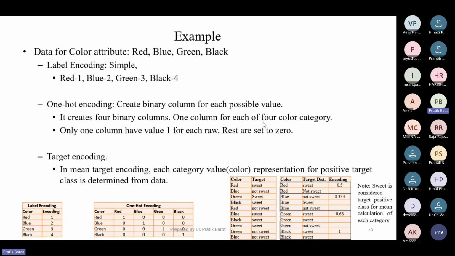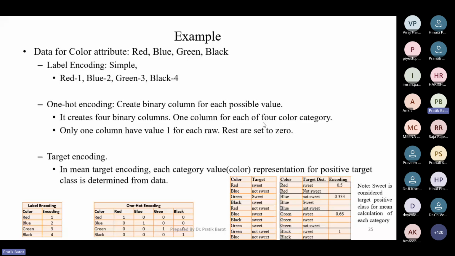We just assign numbers. For example, let's assign 1 to red, 2 to blue, 3 to green, and 4 to black. So in label encoding, we find out the possible distinct values in that attribute, and then we assign a numeric number to each distinct value of that attribute.